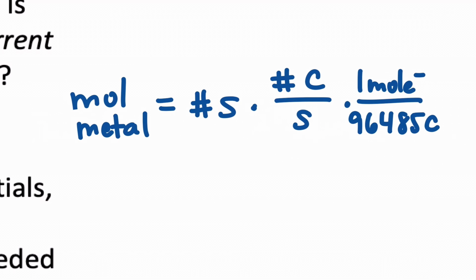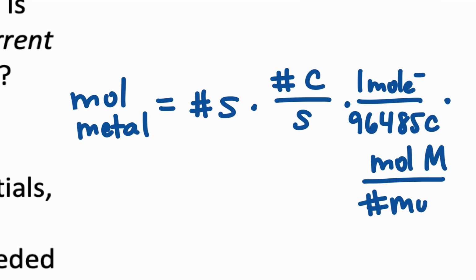And then from that, times how many moles of metal, M, we get per how many moles of electrons.